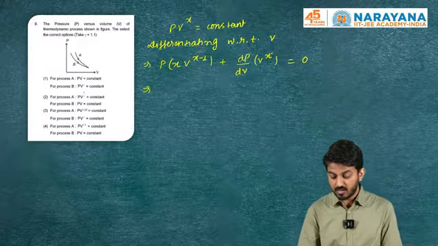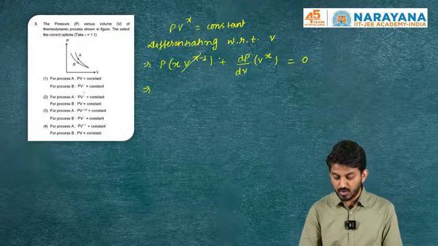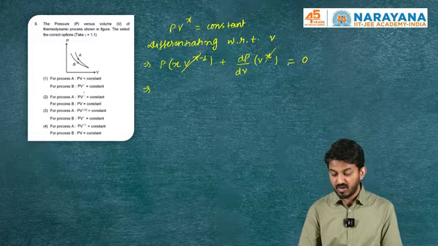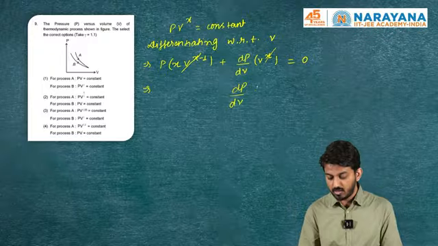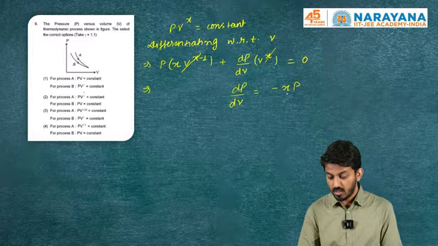Now from this I can cancel V raised to power x-1 and one V will be left there. So from there we get dp by dv is equal to minus of x times p over v.